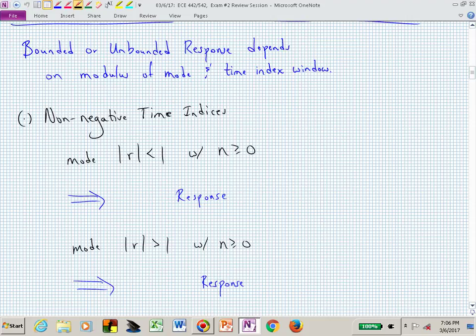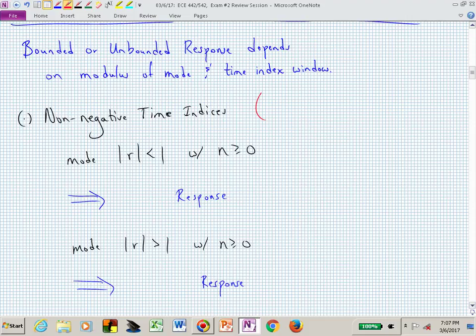For example, if we have non-negative time indices, what's that referring to in terms of causal, non-causal, two-sided? What do we have as the option for our time sequence x of n? Is that two-sided? Is it one-sided?